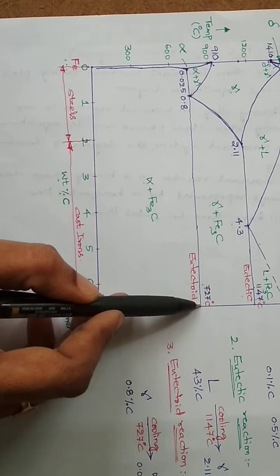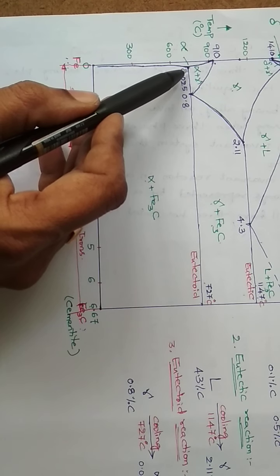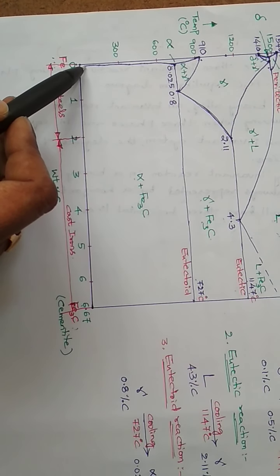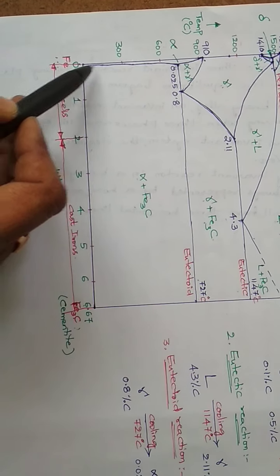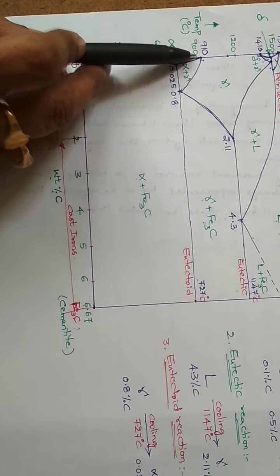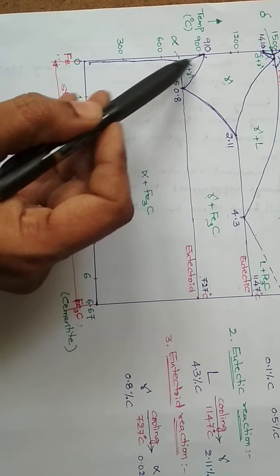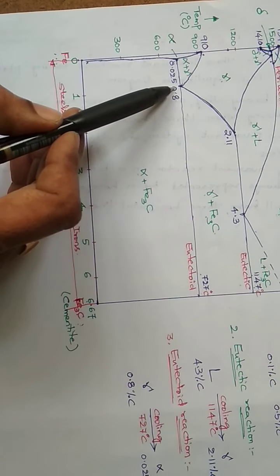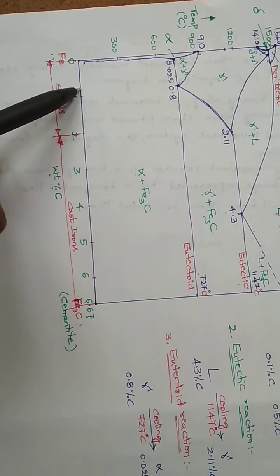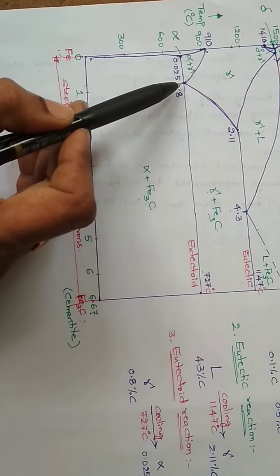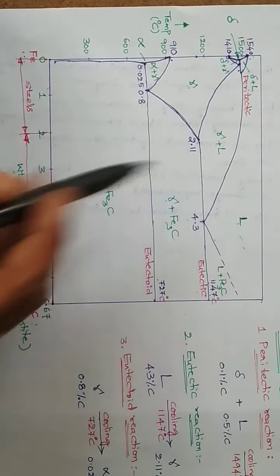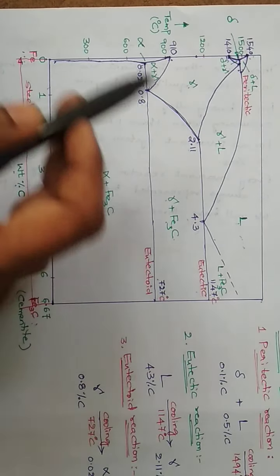As the temperature decreases, the solubility of carbon decreases, and here it will be almost 0.008%. So this is 910 degrees. Draw this boundary, and again from 910 to 0.8% carbon. So this is 0.8% carbon. Draw a line, and from 0.8 draw a line to 2.11. So that completes all the lines.